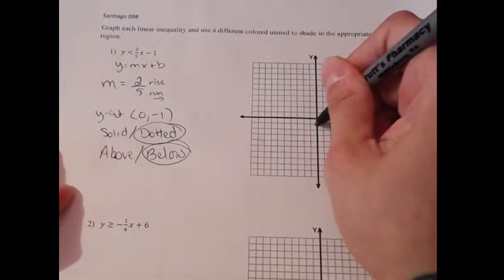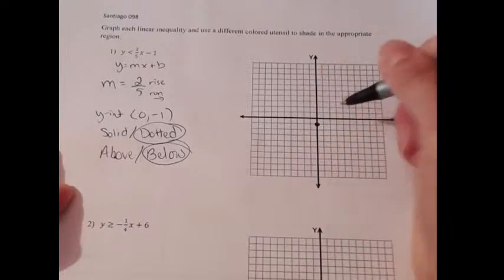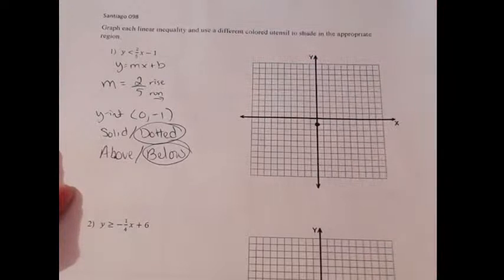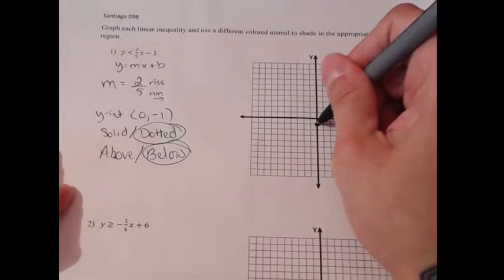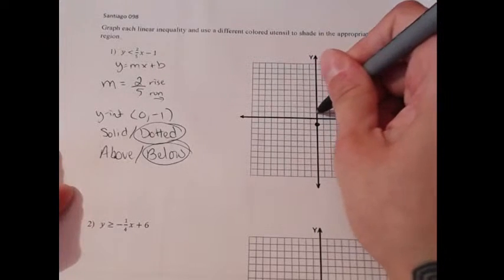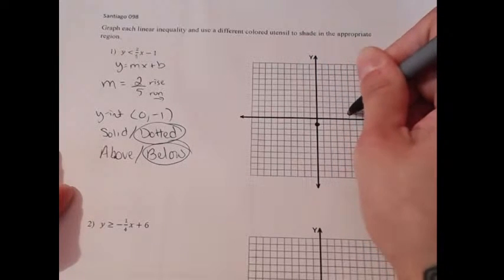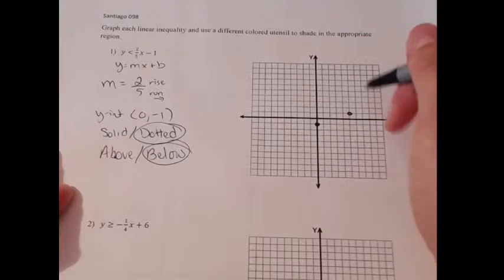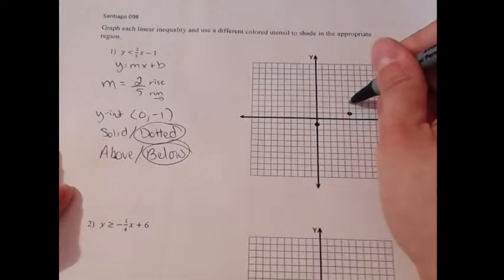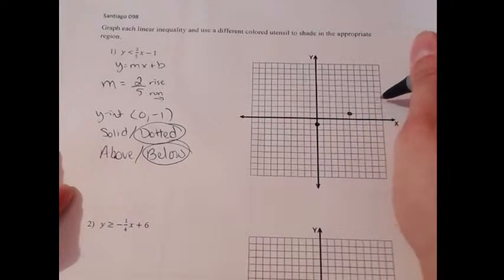I'm going to plot that point. Now I'm going to apply the slope, rise 2, run 5. So from here, rise 2, 1, 2, run 5: 1, 2, 3, 4, 5. Perfect. If you wanted to, you can go again, rise 2, run 5: 1, 2, 3, 4, 5.